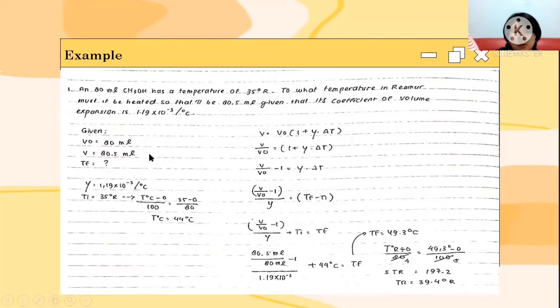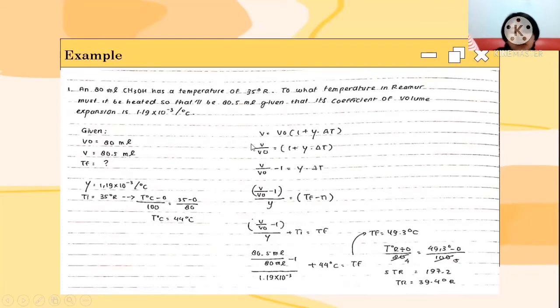But first, for it to be easier for us, let's change the 35 degrees Reaumur to Celsius with the conversion formula. Since we're trying to find the Celsius, T degrees Celsius minus 0 over the range 100 is equal to the provided 35 degrees Reaumur minus 0 over 80. Cross multiply and we will get 44 degrees Celsius.